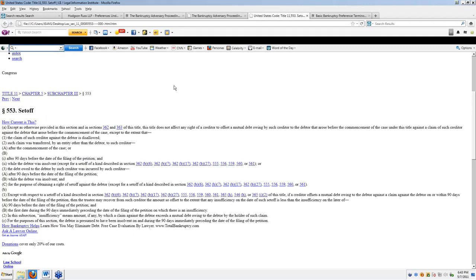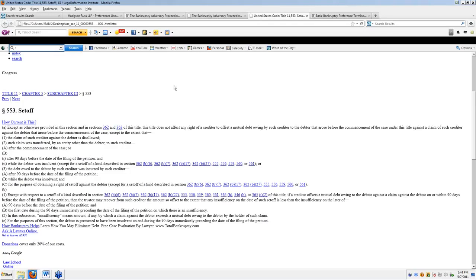Except as otherwise provided in this section and in sections 362 and 363 of this title, this title does not affect any right of a creditor to offset a mutual debt owing by such creditor to the debtor that arose before the commencement of the case, except to the extent that the claim of such creditor against the debtor is disallowed, or such claim was transferred by an entity other than the debtor to such creditor after commencement of the case.